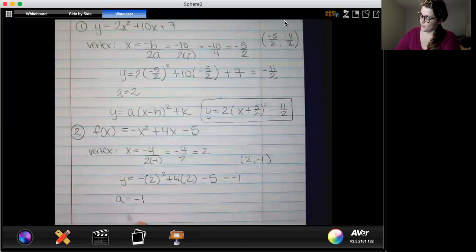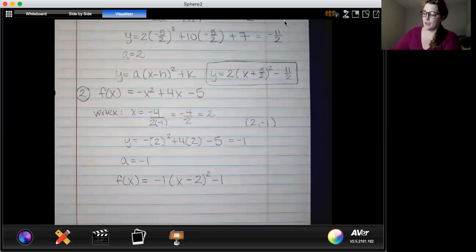So therefore my equation, which because it says f of x, we work with f of x being negative 1 times x minus 2 quantity squared minus 1.